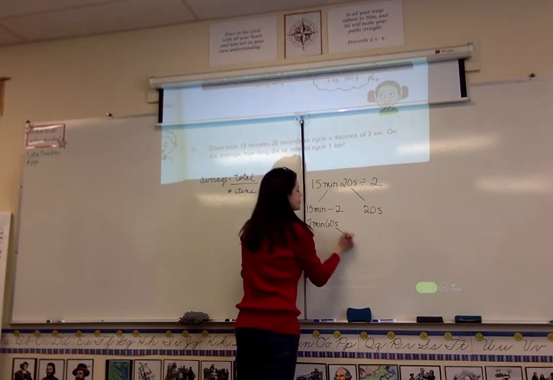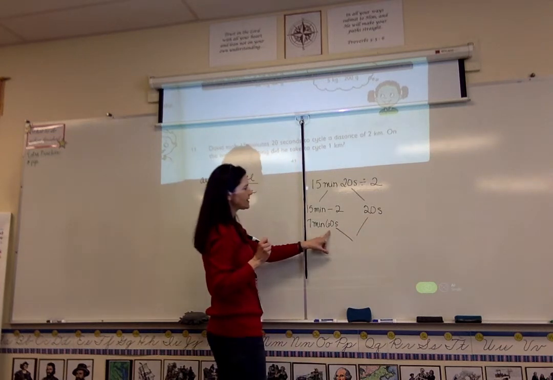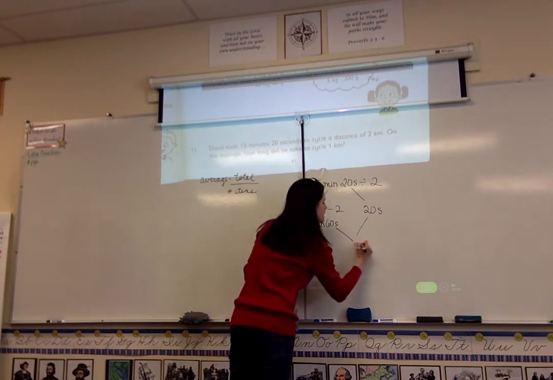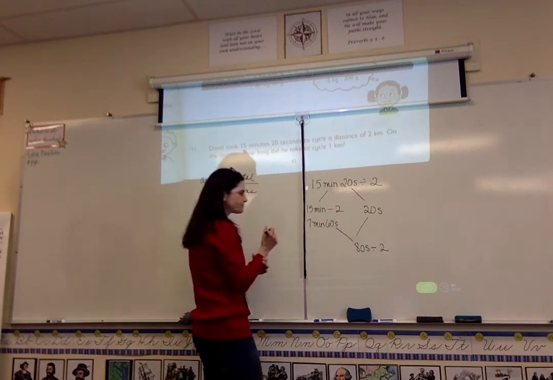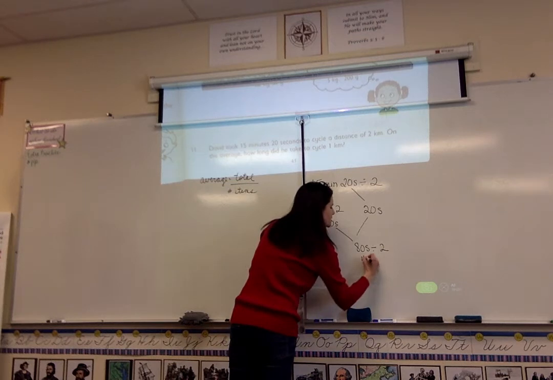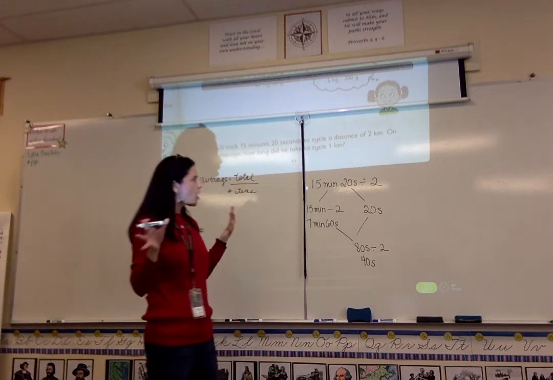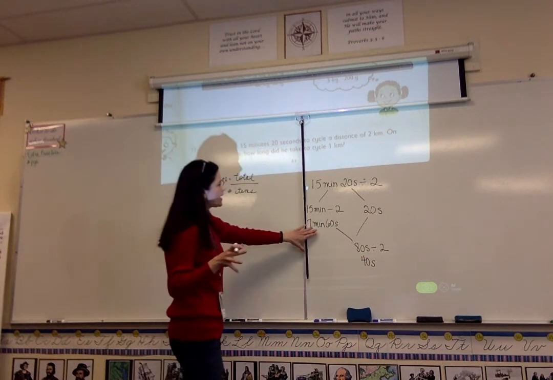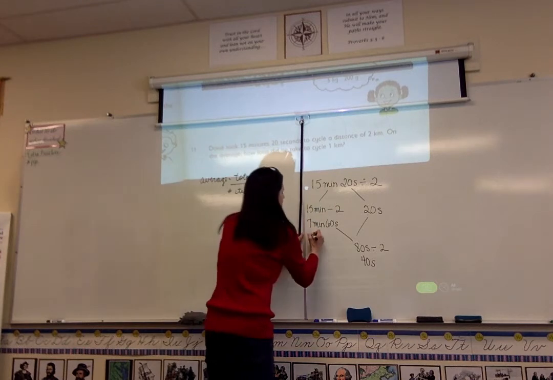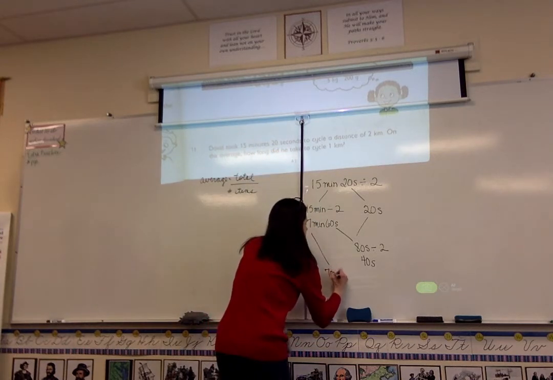So I'm going to merge these two together, 20 seconds and 60 seconds. That's going to give me 80 seconds. Divide those by 2, and that's going to give me 40 seconds. So my final answer is, here are my minutes, 7 minutes, and here are my seconds, 40 seconds.